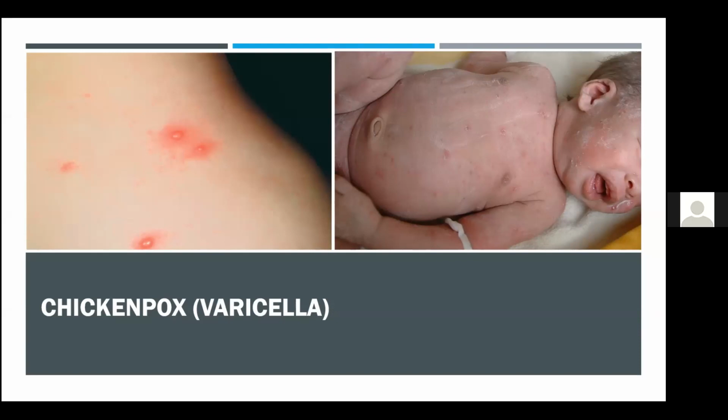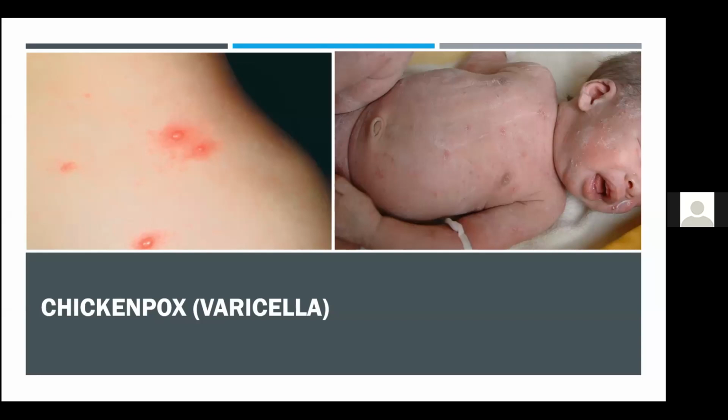In immunocompromised patients who are exposed to chickenpox, you can give them varicella immune globulin, and that's recommended for susceptible pregnant women, preterm neonates, and infants at birth whose mother developed varicella 5 days before or 2 days after birth.